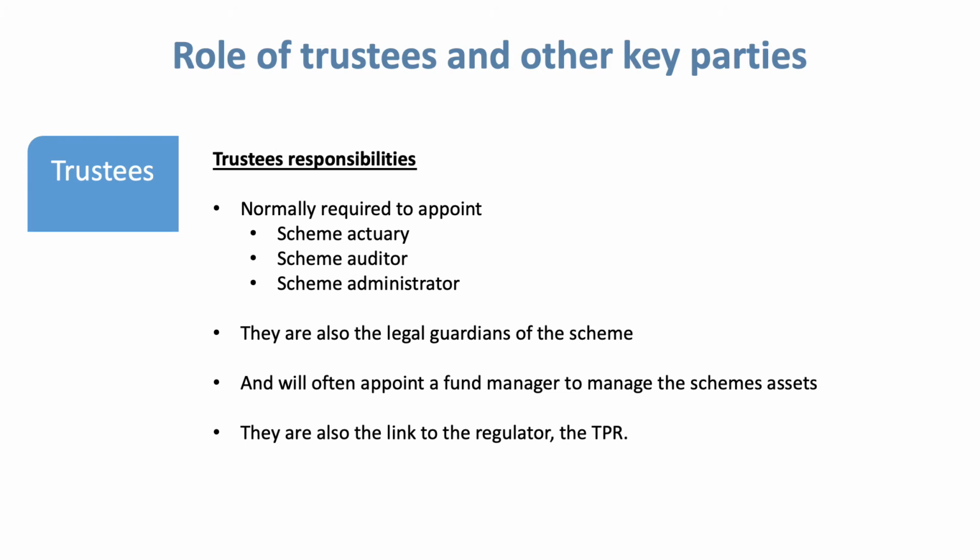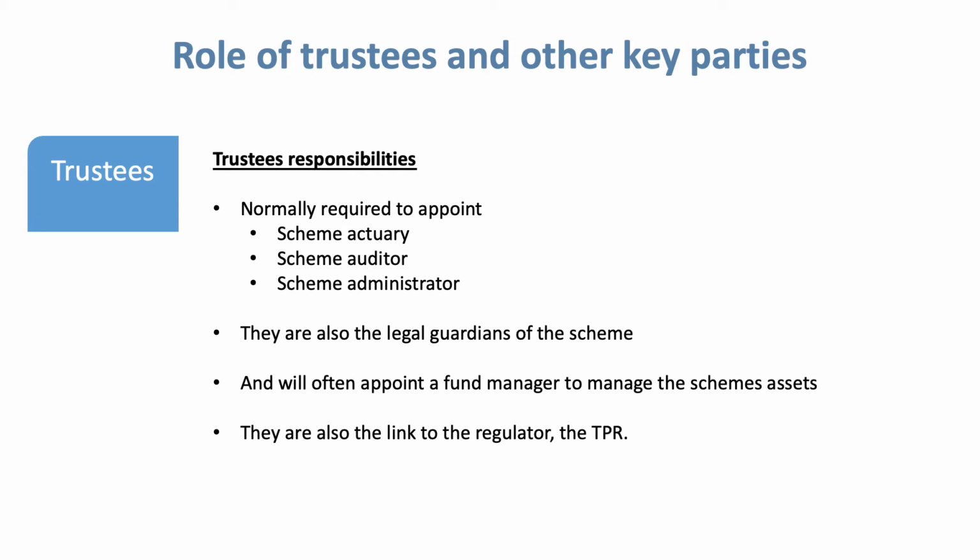So let's stick with the trustees just for a moment, and we're going to look at the trustees' responsibilities. So these normally are the individuals that will appoint the others. So they'll appoint the actuary, they'll appoint the auditor, and they'll appoint the administrator. So when we look at each of those roles in turn and their responsibilities, it's useful to remember that generally speaking, the trustees will have actually decided to appoint them to that role.